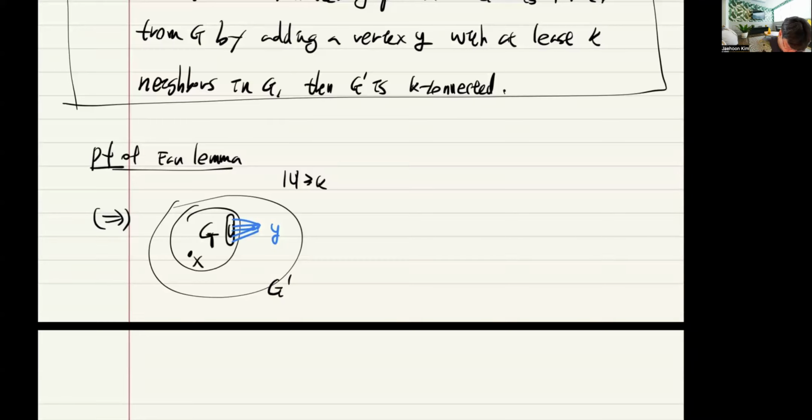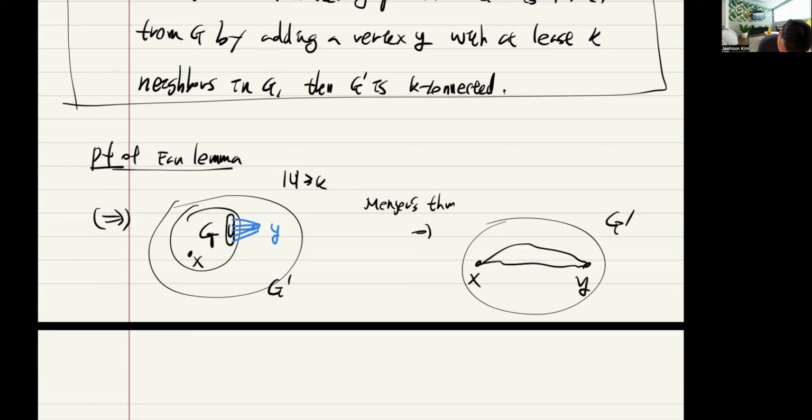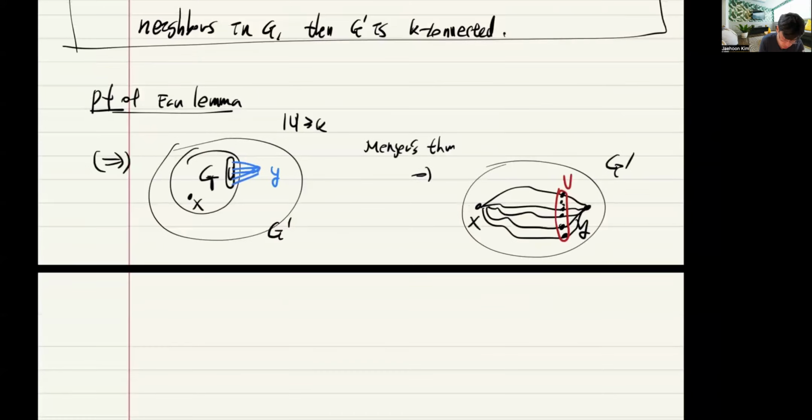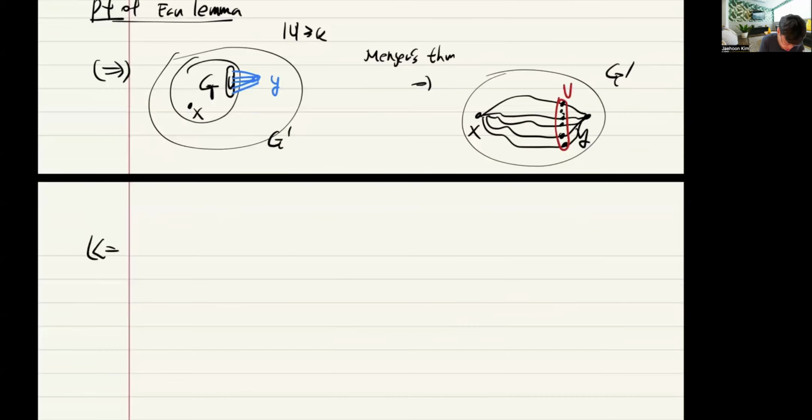So you have X here, and you use Menger's theorem. In G prime, you find k independent paths between X and Y. But Y is only adjacent to U. So if you cut out the Y part, all of these paths stop at U, and this provides an XU fan of size k. I will not write it all down, but that's the proof.